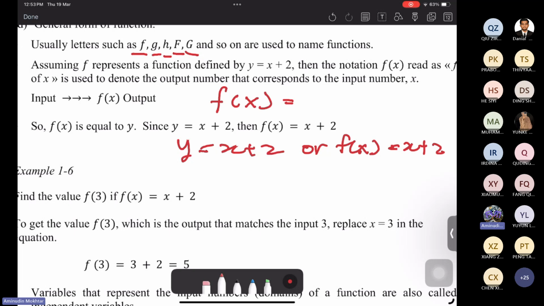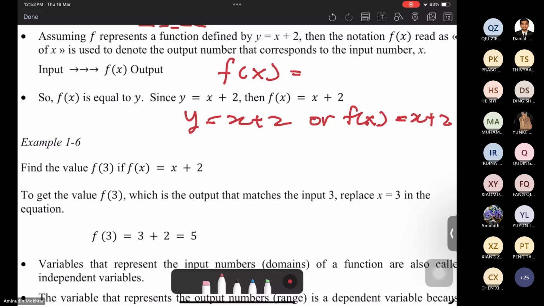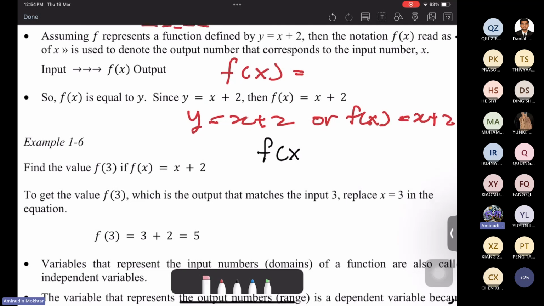So if we write f(3), what does it mean? F in brackets 3.